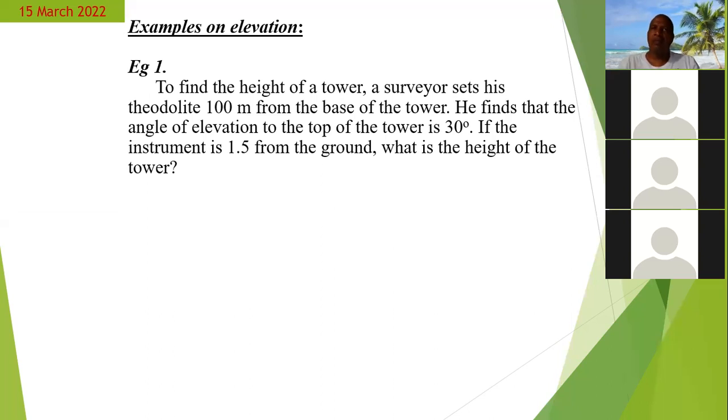There may be some instances where you may actually get a diagram and they might put in some of the information based on the diagram. But in general, you should be able to read the question, and from the question, construct a diagram, and then with the diagram, make some calculation based on what you're asked to find.